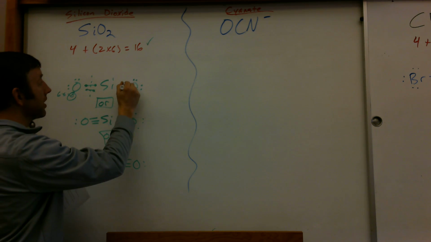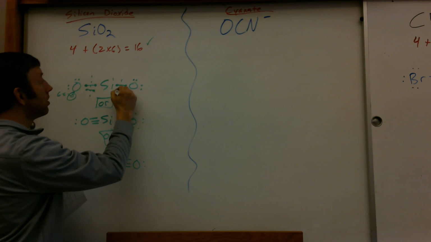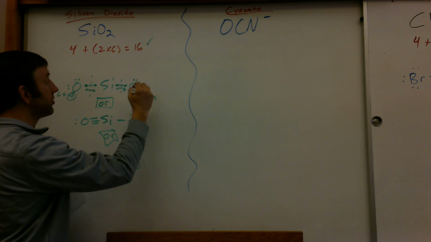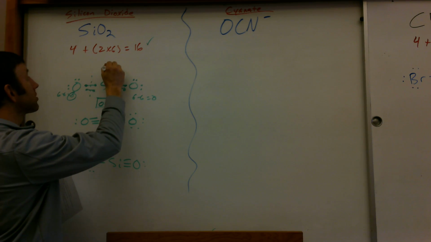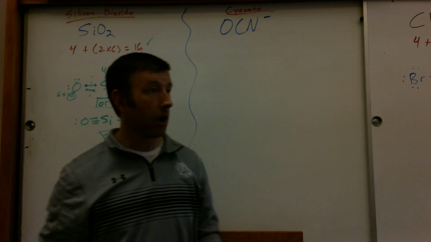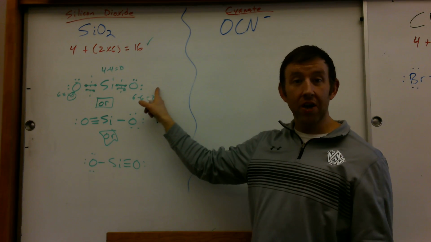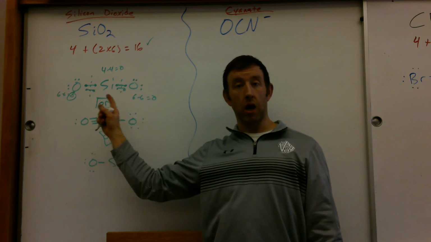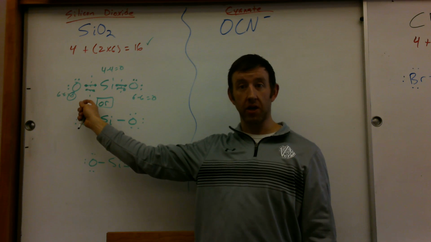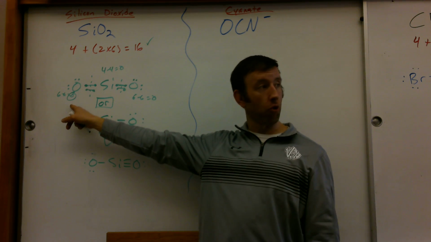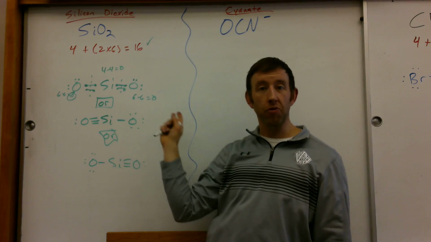This is the same thing, right? 6 minus 6, 0. And then silicon has 4. 1, 2, 3, 4. 4 minus 4, 0. All right. So that's a good sign right there that this structure is a pretty highly likely one. We got no formal charges to manage there, right? The valence and formal electrons are equal to each other for all three elements.